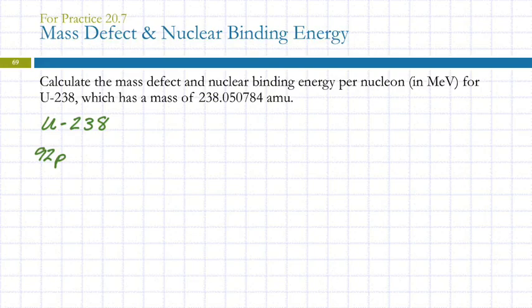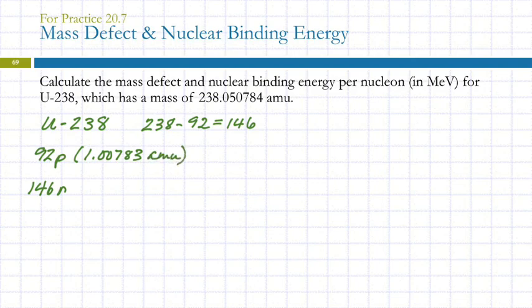So 238 minus 92 is 146. So we have 92 protons times the mass of a proton, and we have 146 neutrons times the mass of a neutron.